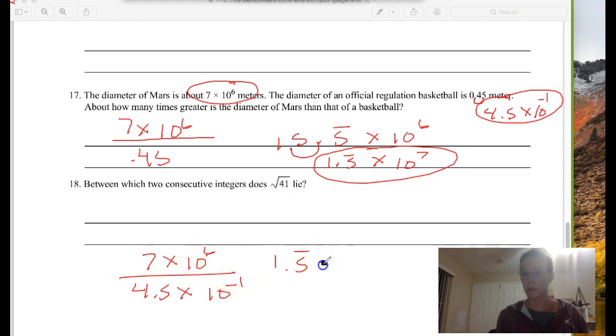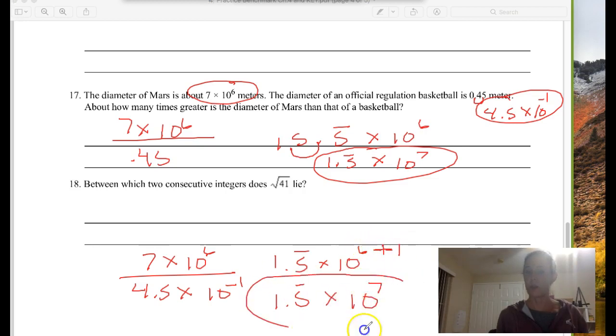Subtract exponents would be 6 minus negative 1. Well, when I subtract the exponents, I minus a negative. A double negative becomes a positive. So this will be 1.5 times 10 to the 6 plus 1, 7. So I get the same answer as if I did it this way.